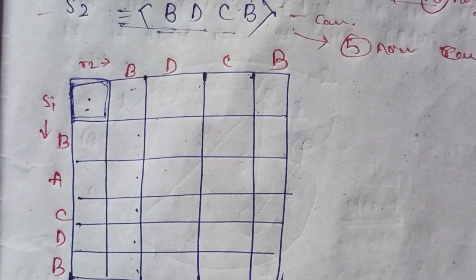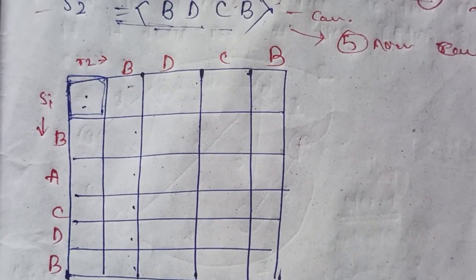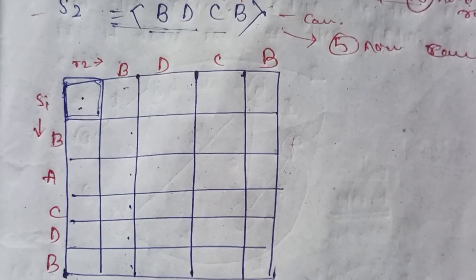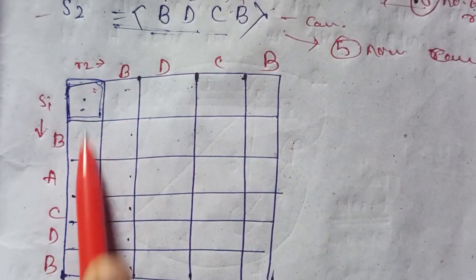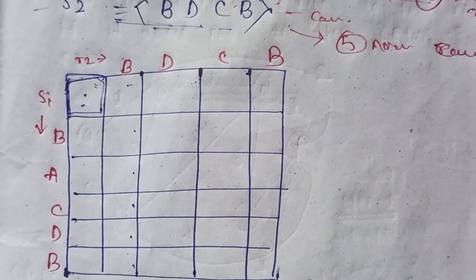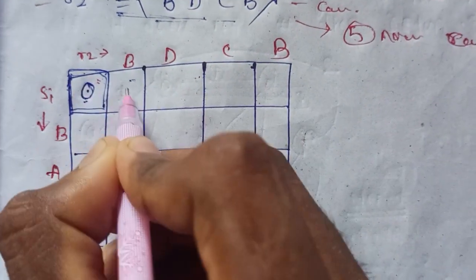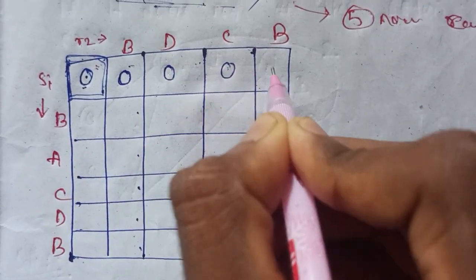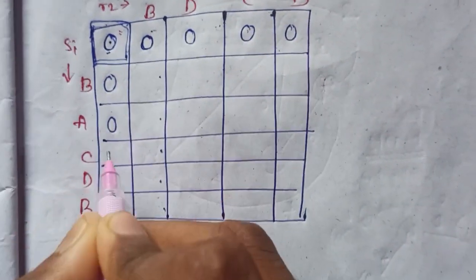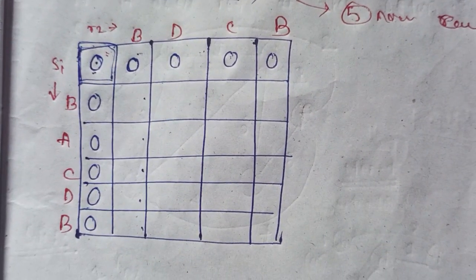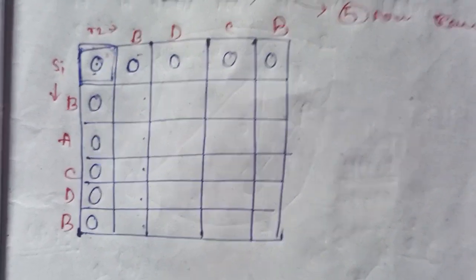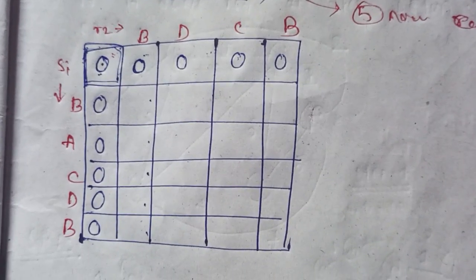So the first step is to fill up all the zeros in the first row and first column. Simply we fill up all the zeros in our first row and first column.